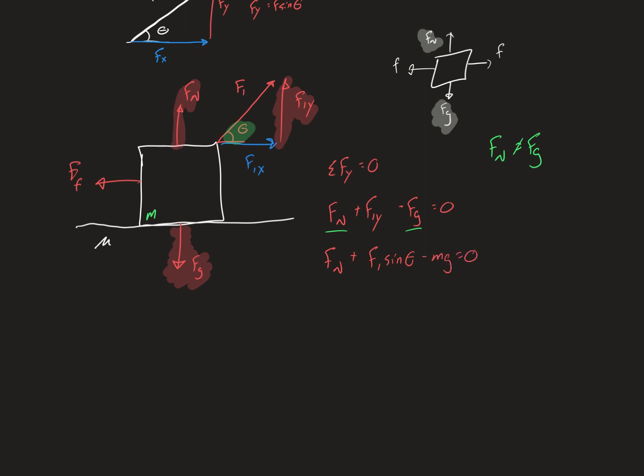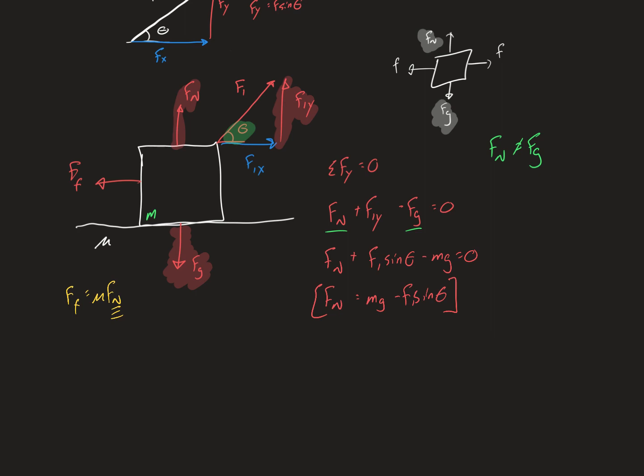From here, we have all of the components of the forces involved to find the normal force. When we use friction, remember friction is defined as mu times the normal force. And so when the force is at an angle, the normal force is what we're going to need to use. The normal force here would equal mg minus F1 sine theta.